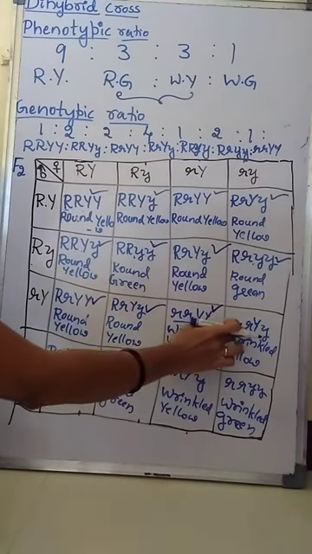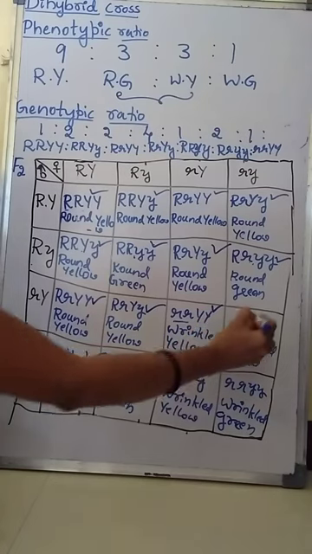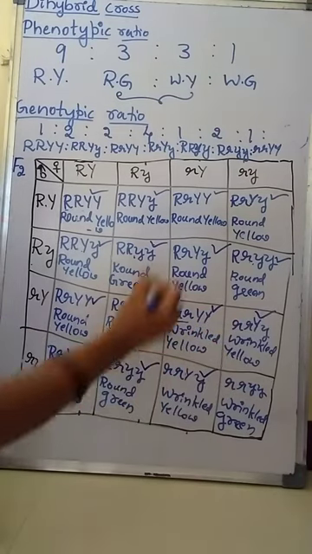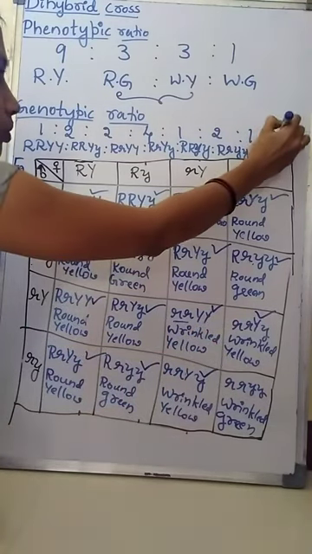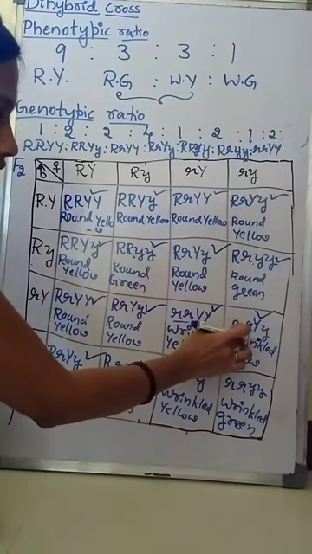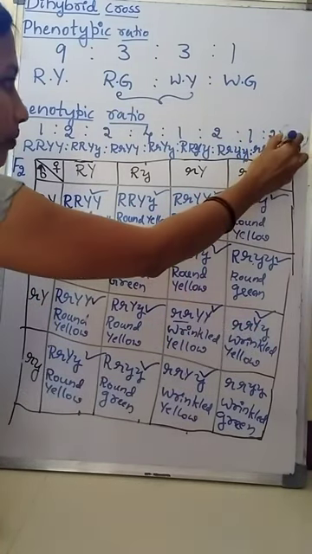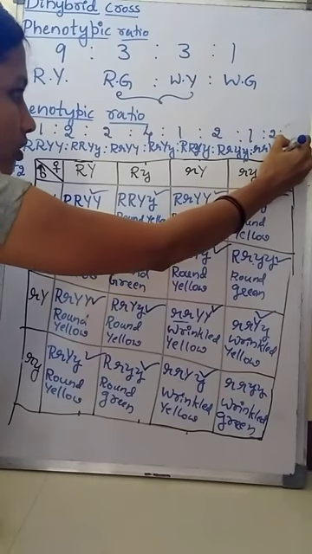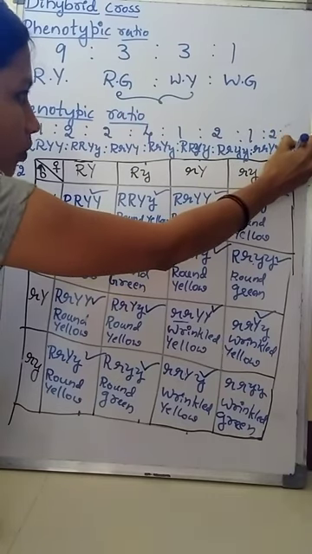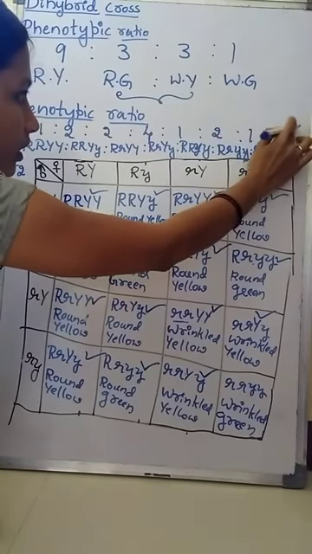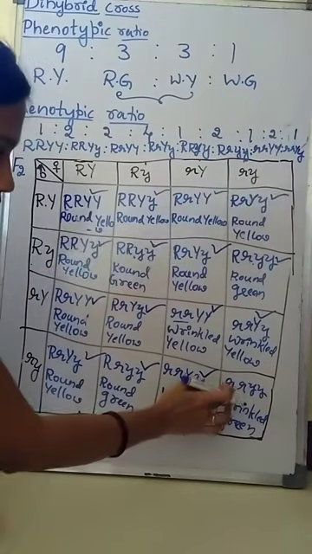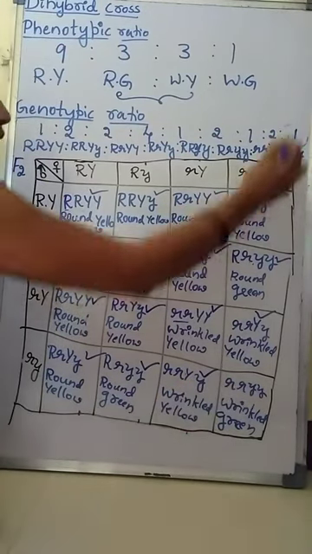Next, small r, small r, capital Y, small y: 1, 2, so 2. I'll write it here. Then the last one is small r, small r, small y, small y.